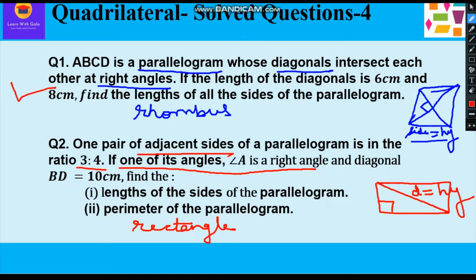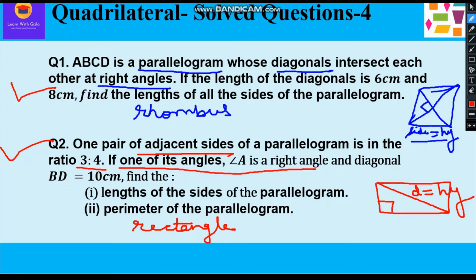So this is the difference between question 1 and question 2. In question 1, because it's a rhombus and diagonals are intersecting at right angles, the side is the hypotenuse. Whereas in question number 2, the adjacent sides are perpendicular to each other and the diagonal serves as a hypotenuse, because the hypotenuse is the longest side and it is opposite to the right angle.